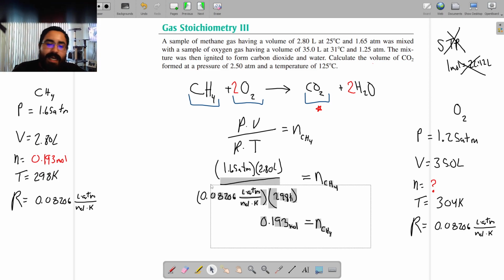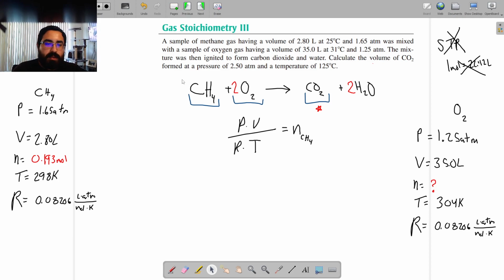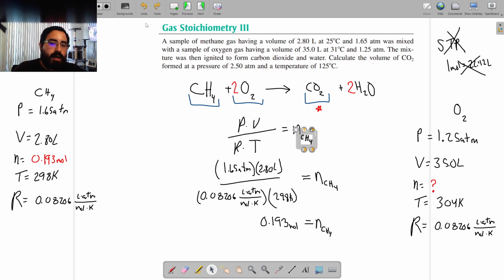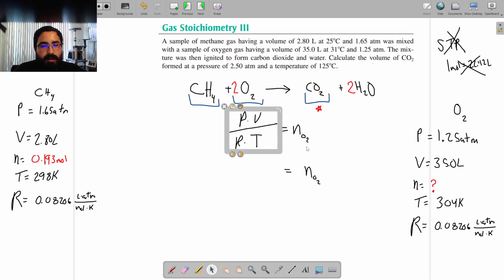We're going to do the exact same thing, but for oxygen. So bear with me once again. We're going to change CH4 to O2, and we're going to plug in the values for that on the left side. Now, I'm going to move this a little up because, you know what? You guys are going to make fun of me for that line too.